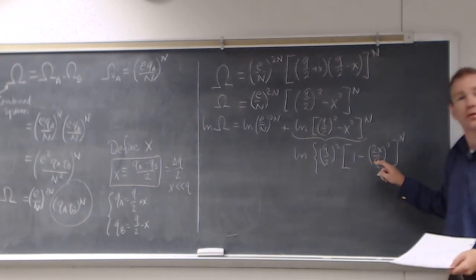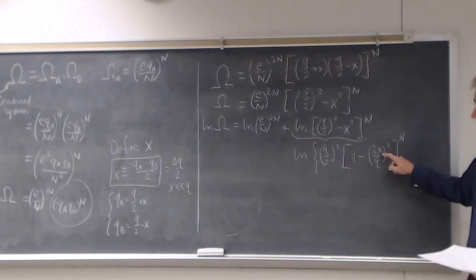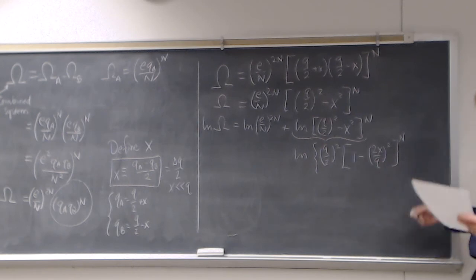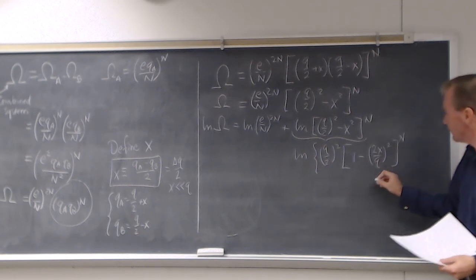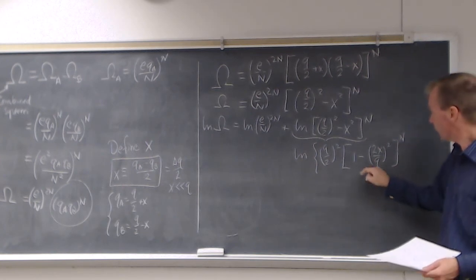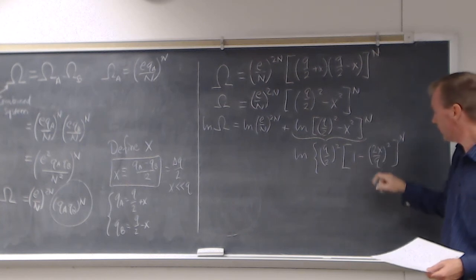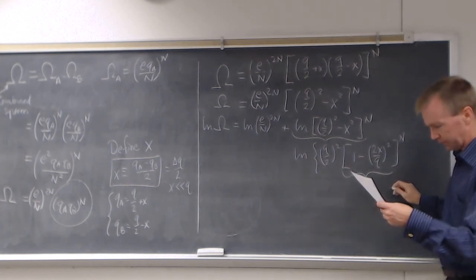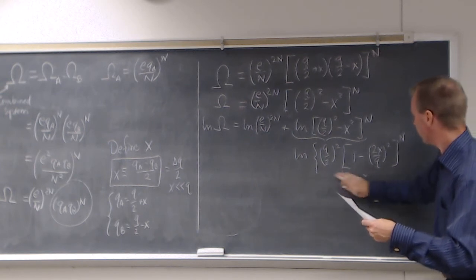Since q is much greater than x, or x is much less than q, x over q is much less than 1, and this approximation from the Taylor expansion says that, pay attention to the sign here, this will be, let's see, I want to break that up first.